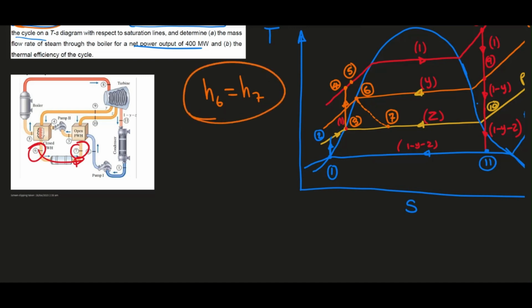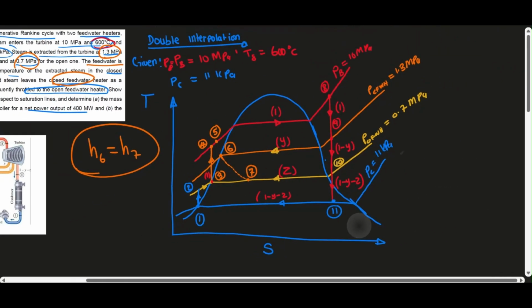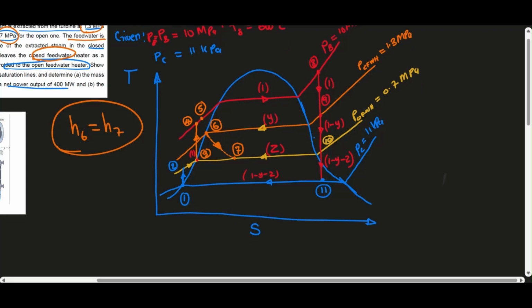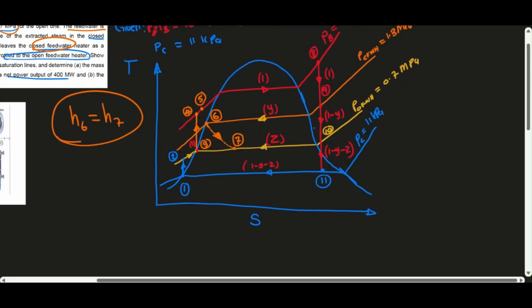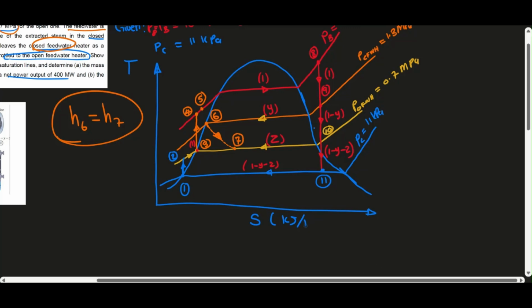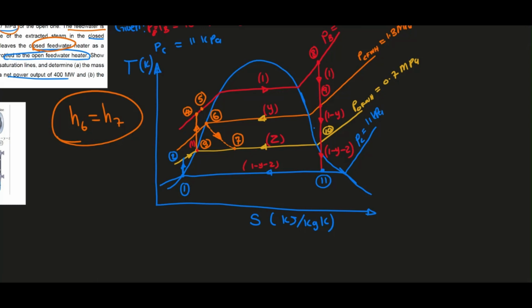So that's how you draw a TS diagram. The units for entropy are kilojoules per kilogram Kelvin, and we can have our temperature in Kelvin as well.